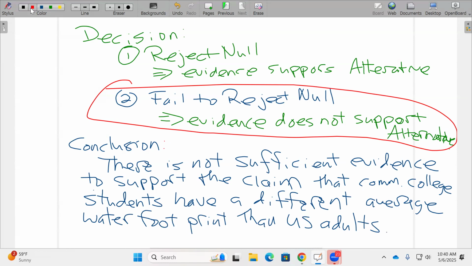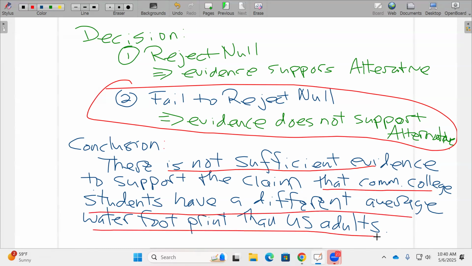So again, either there is or is not sufficient evidence. And then the claim that comes next is just a statement of the alternative hypothesis. And that's the formula for a conclusion.